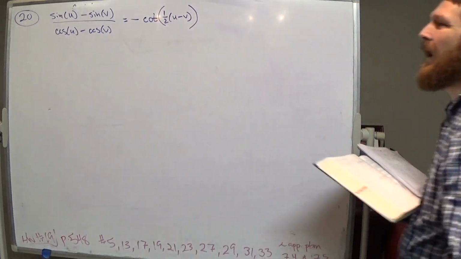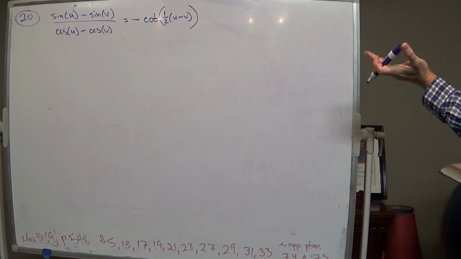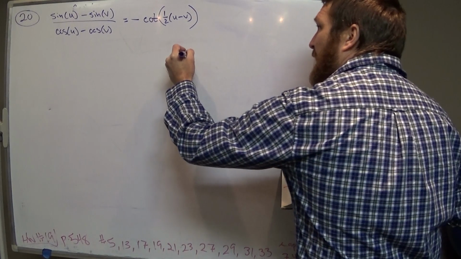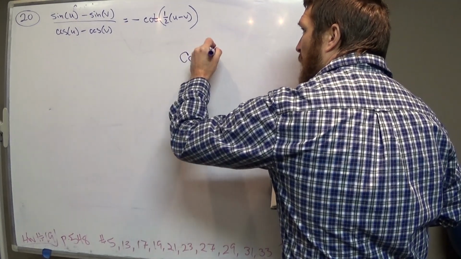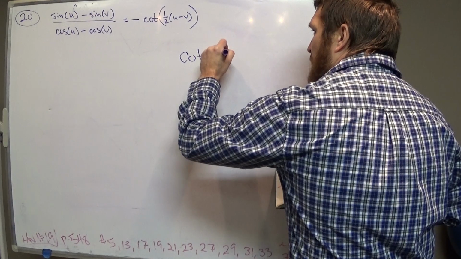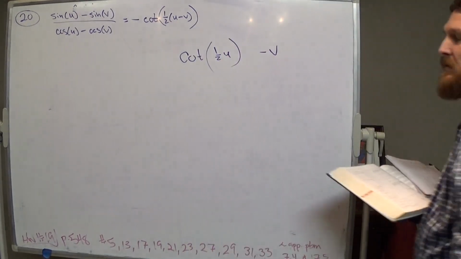Yeah, I know. I hate when they do that. Nobody does consistently put parentheses. It's always just written like that. That's what they mean. The only time that they will put that is if they meant cotan of 1/2 (u minus v), then they would put parentheses around this.